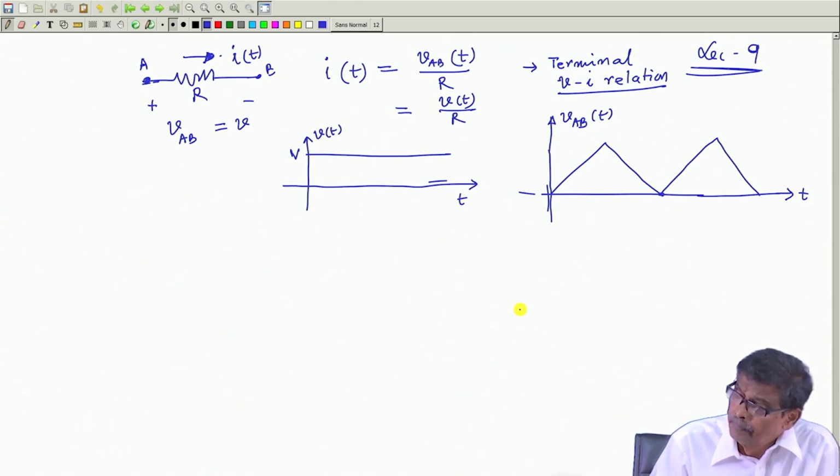Then what will be the current in a resistance?